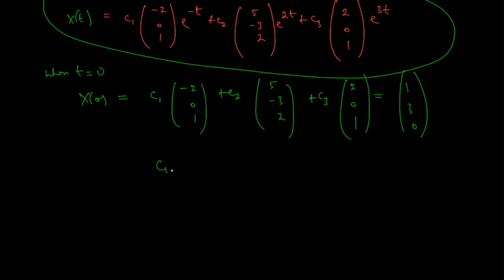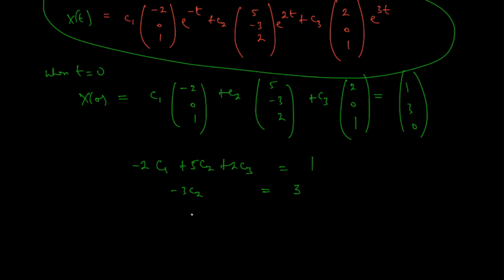When you write this out, that's negative 2 c1 plus 5 c2 plus 2 c3 equals 1. Then c1 times 0 is 0, then negative 3 c2, then c3 times 0 is 0, and this equals 3.